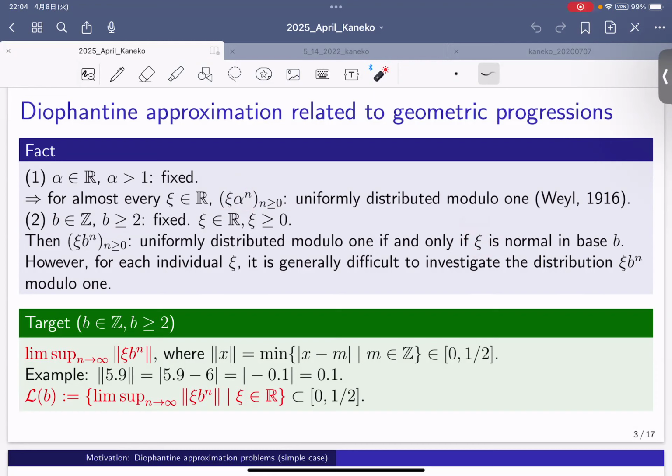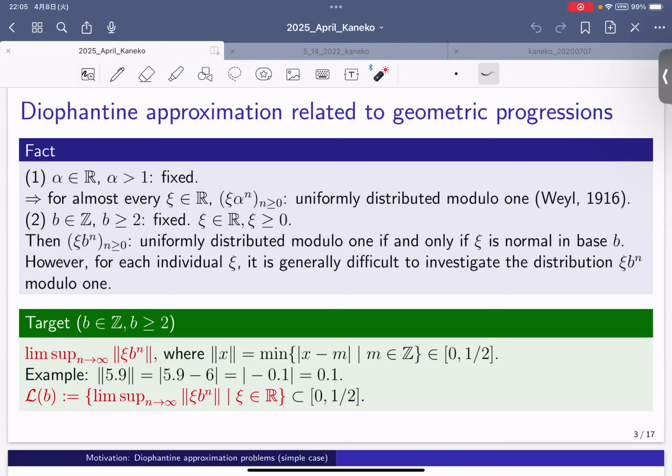However, for an individual xi, it's generally difficult to answer whether xi b to the n is uniformly distributed modulo 1 or not. That means it's difficult to determine whether xi is normal in base b or not.